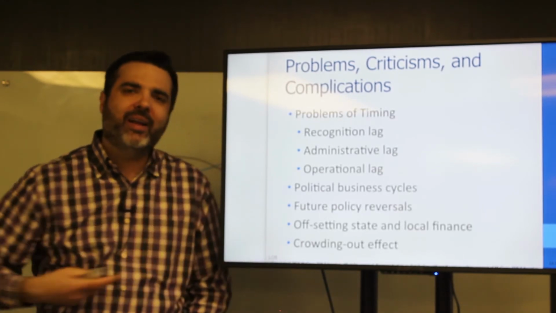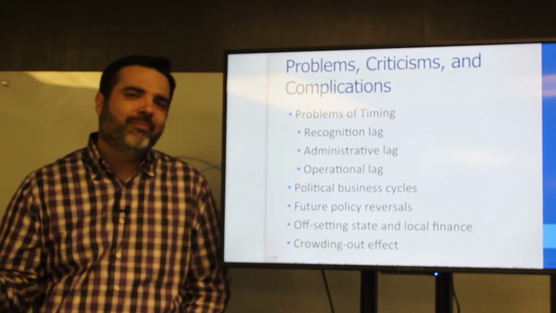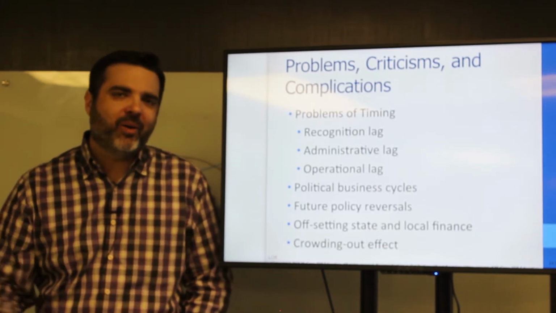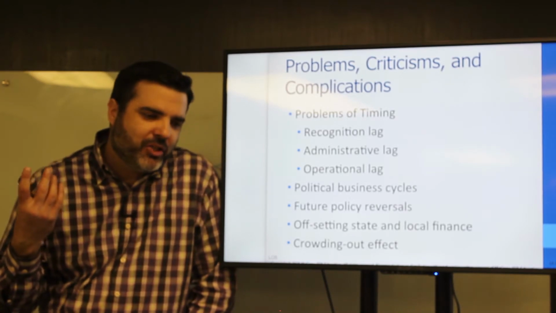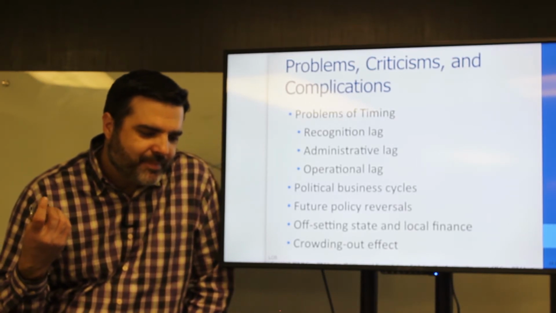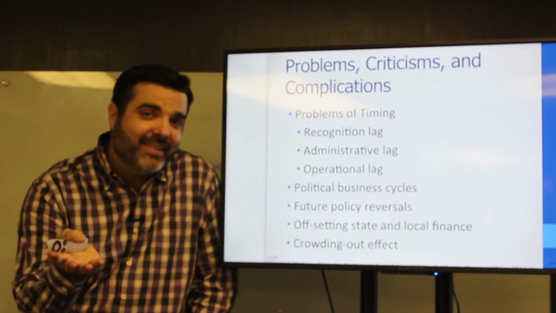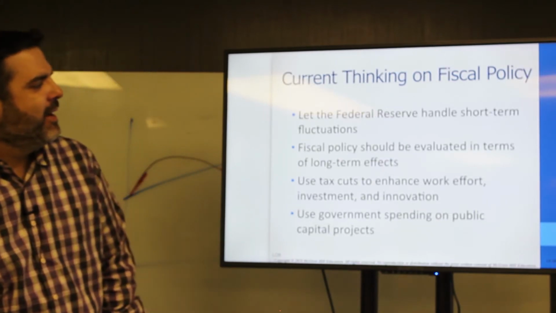This is where the crowding out effect comes in: the government can borrow so much that there's not enough money in the money supply for private investment to borrow, or it can become so expensive that they can't afford it. So that's a crowding out effect, and that'll be on your test.